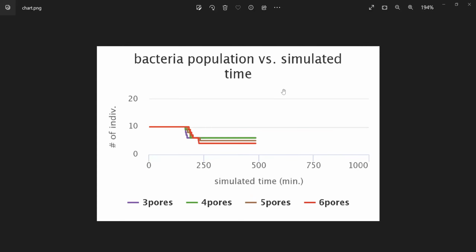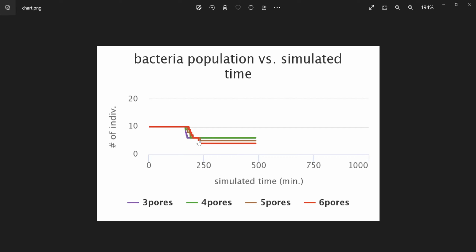Okay, and so you can see that not all of the bacteria were eliminated. We started off with 10 of all 4 of the different types. And you can see that over time, when we stopped the simulation, it looks like there were more purple and green left here, because you can see the end of the purple line is up here and the green line overlaps the purple line.